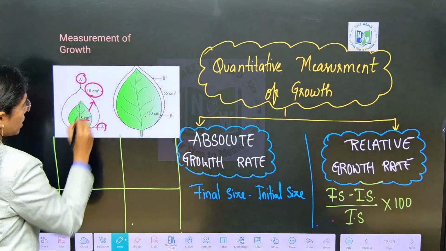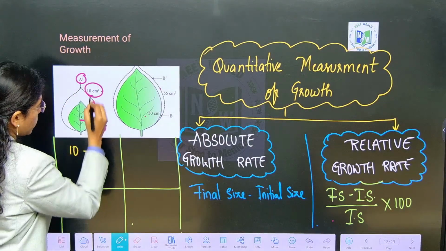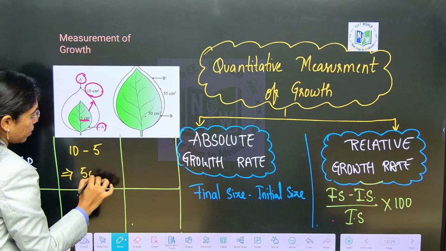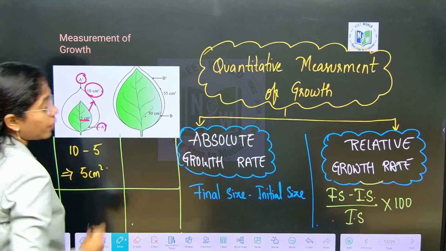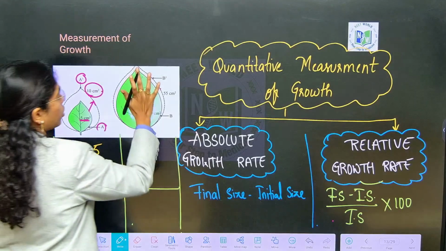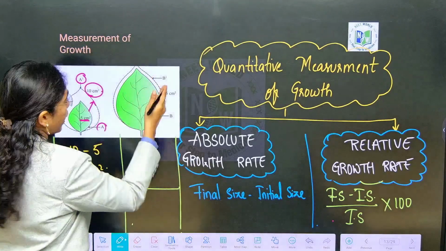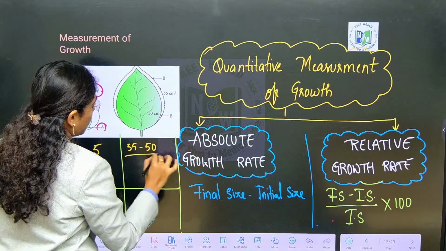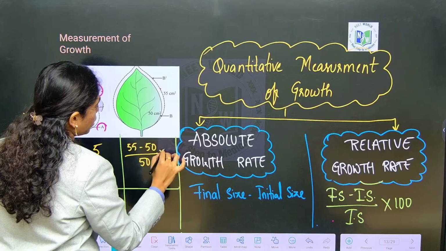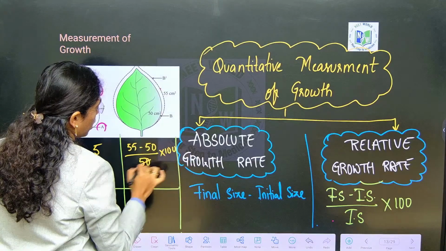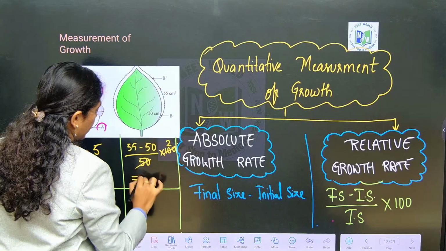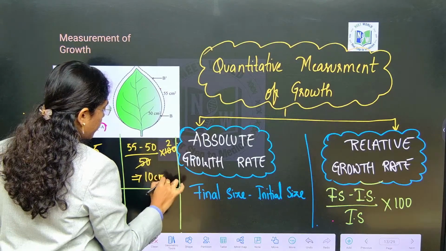First, final size 10 centimeter square minus initial size 5, it is 5 centimeter square. Here for leaf B, if you calculate the absolute growth rate, it will be final size 55 minus initial size 50, by initial size into 100. Okay. So, if you calculate this, it is 10 centimeter square.